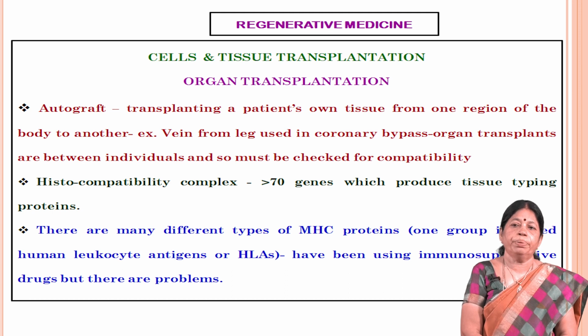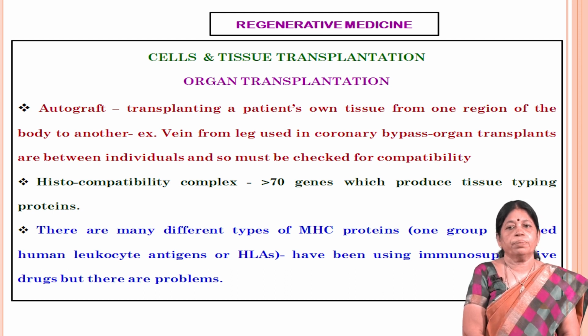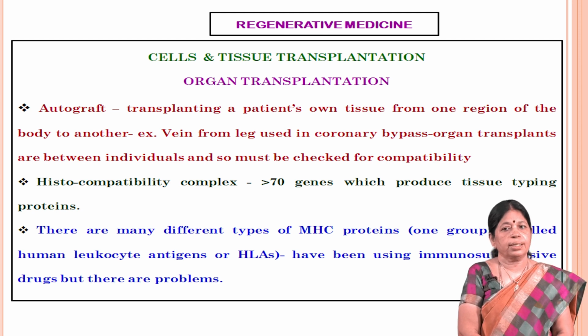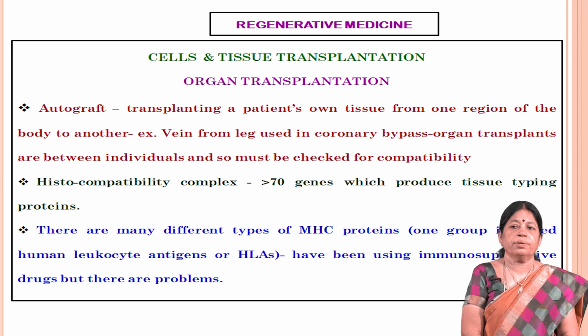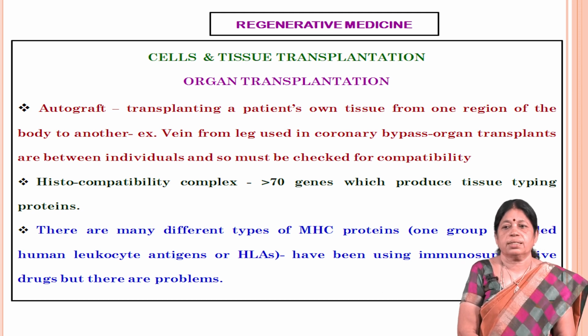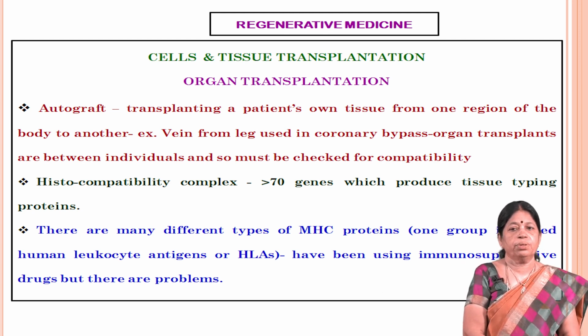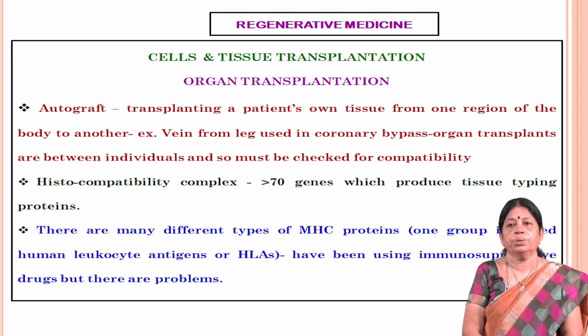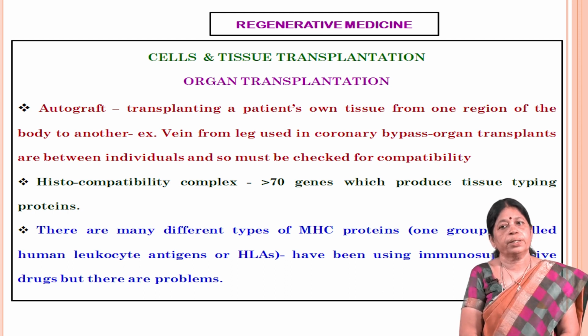So phagocytosis occurs in normal cases, and here the human leukocyte antigens are used for the suppression of diseases, that is immunosuppressive drugs. A group of cells called the human leukocyte antigens are used for organ transplantation and for tissue transplantation between individuals.